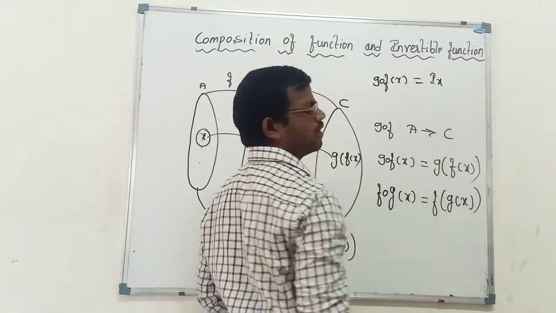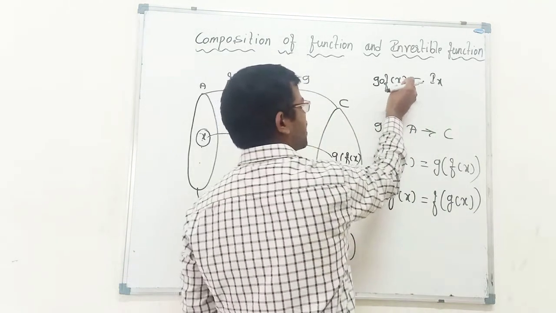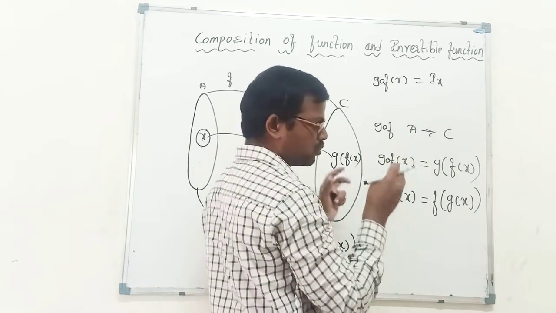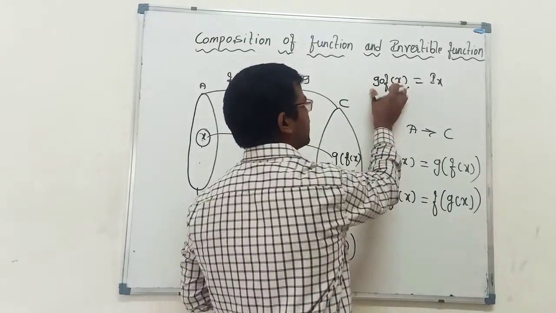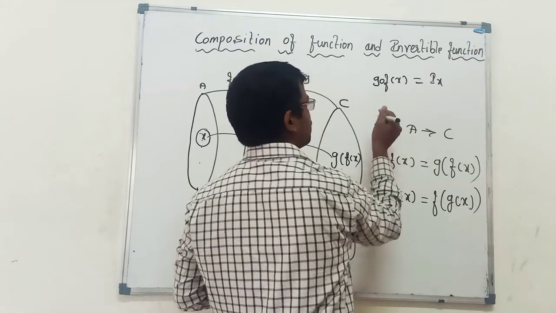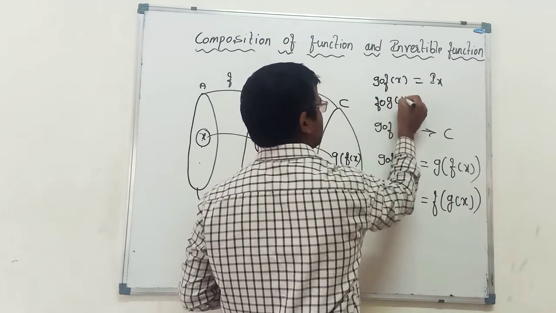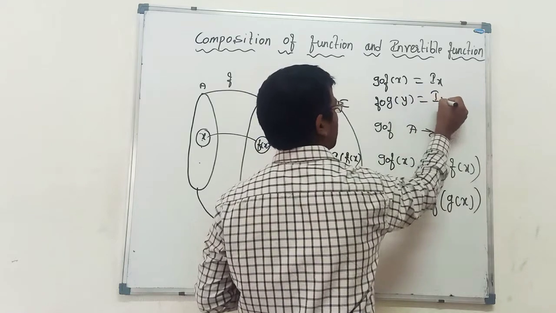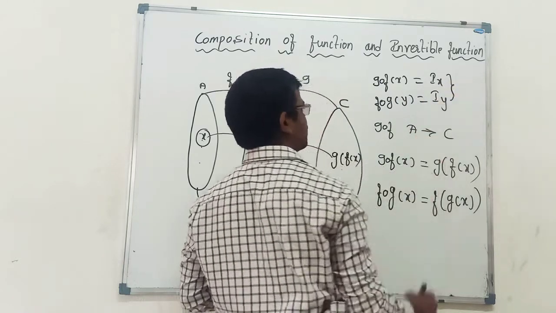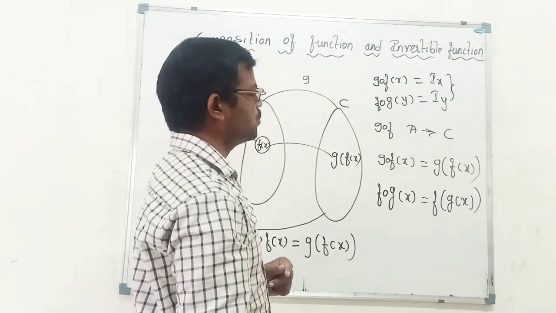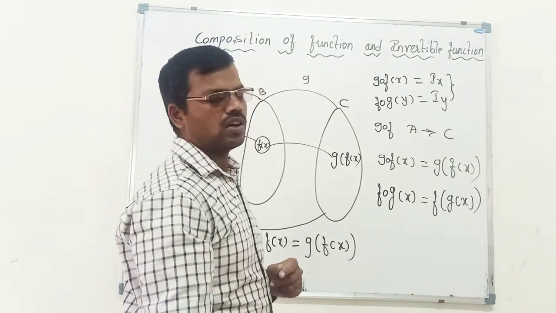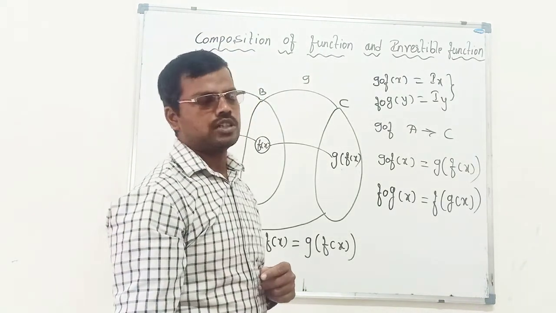So identity function, we know that if you put x here, we have to get x. Suppose if you got that, then we call it as identity function. And another, f composition g of y is equal to I of y. If any two functions satisfy these two conditions, then they are called the invertible function.